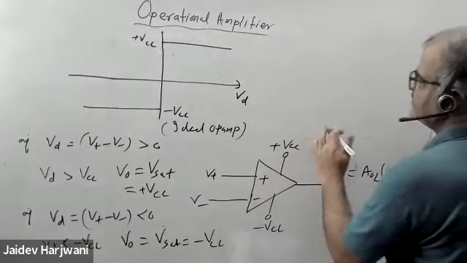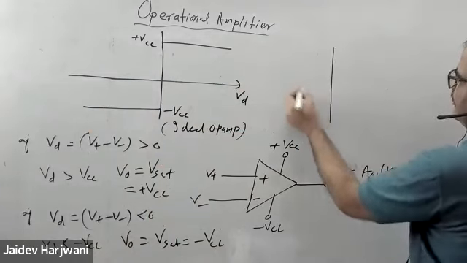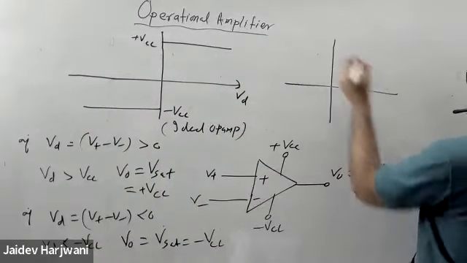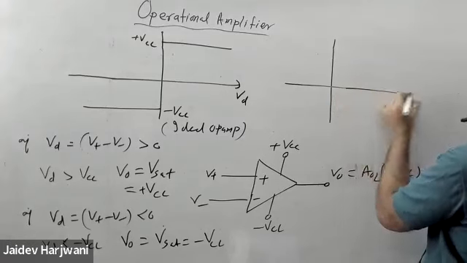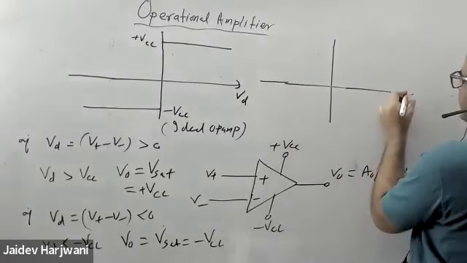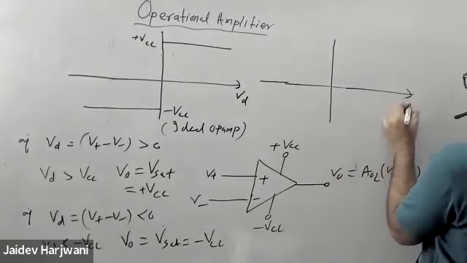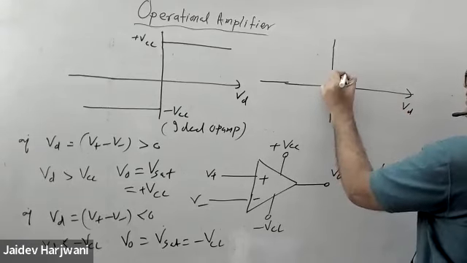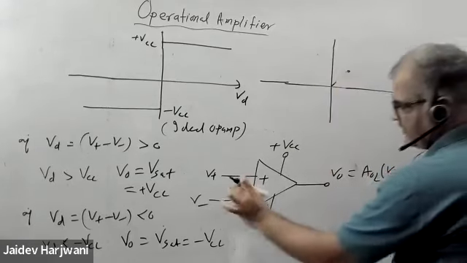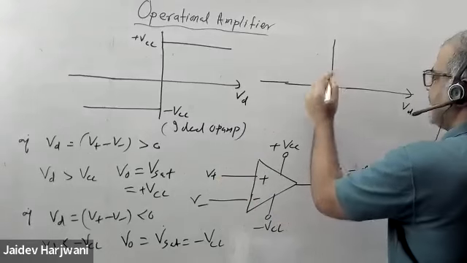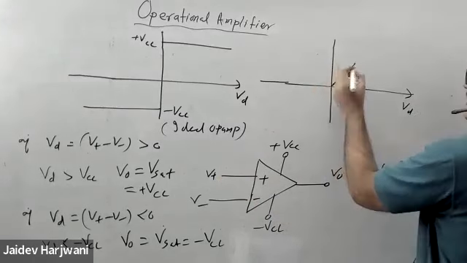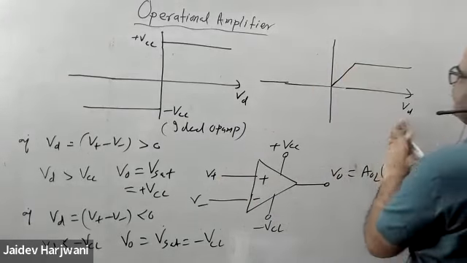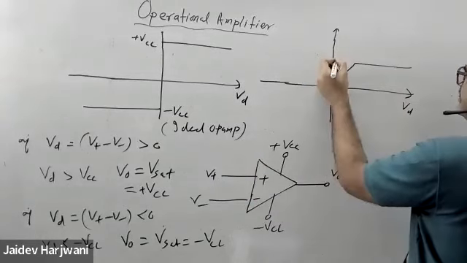In practical cases, for some range you can amplify linearly. So this is your VD. For some range, when the difference at these terminals is very low, you can amplify a little bit and then it will get saturated to plus VCC.